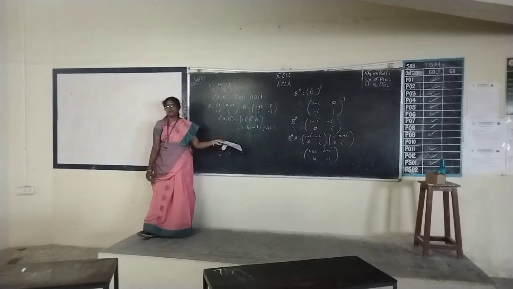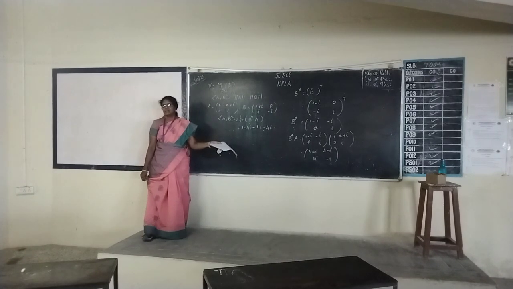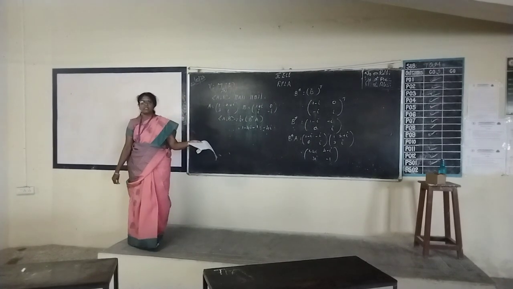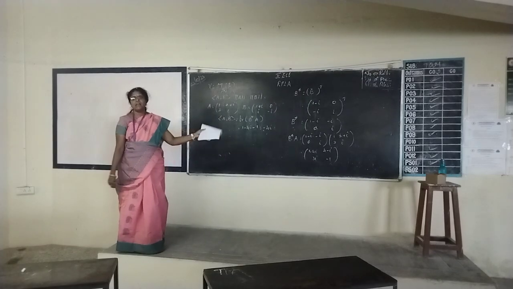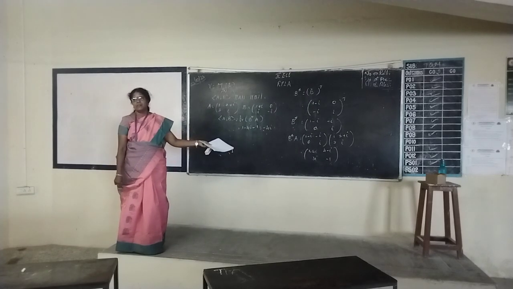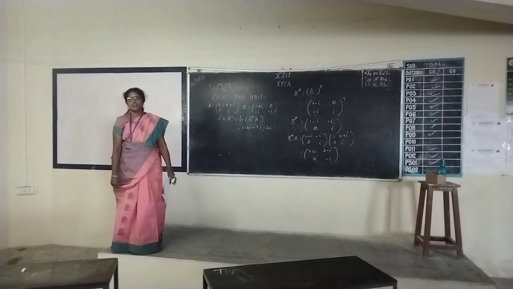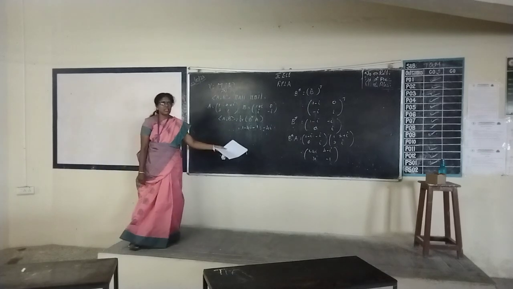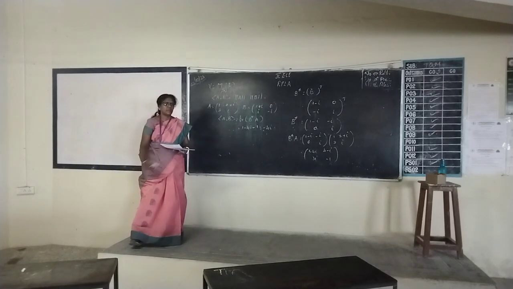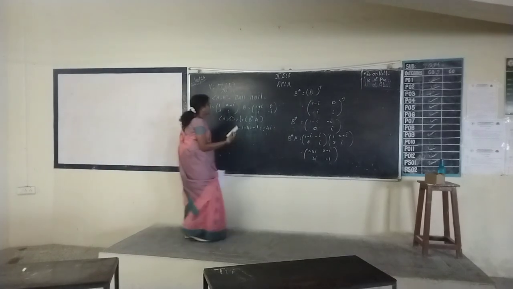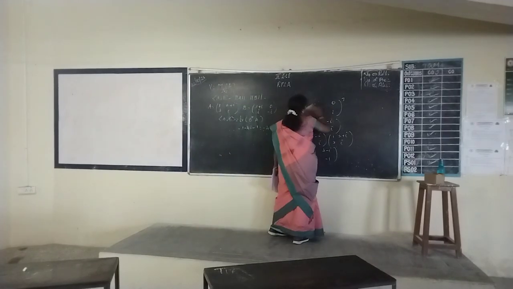Any doubts so far? Is this easier than the vector, or is the vector representation easier? Here, the step where you should be very careful is matrix multiplication. Other things also you will do, but in matrix multiplication you should be very careful. Right, next one.